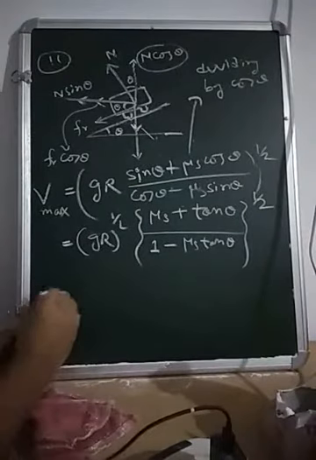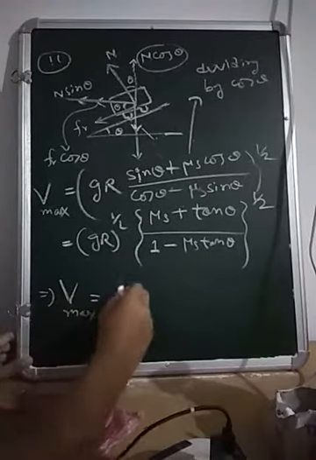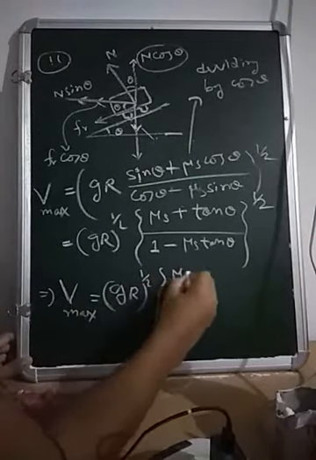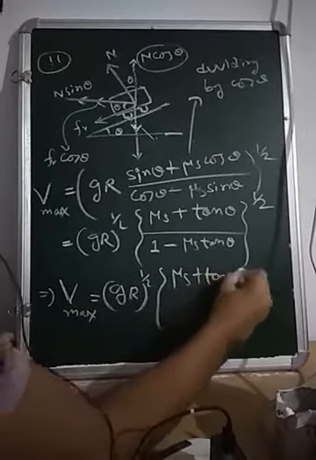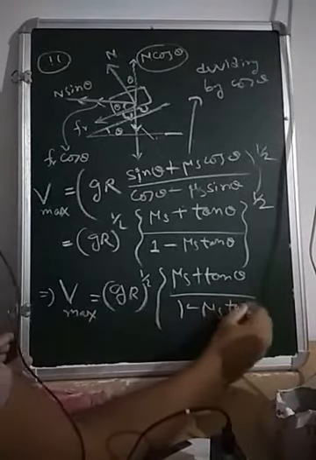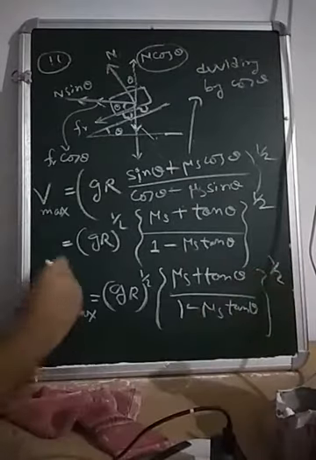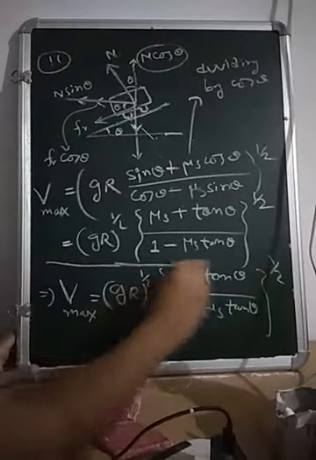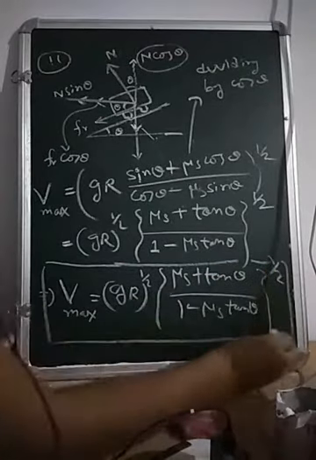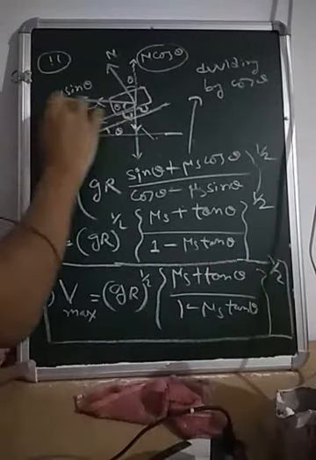So in case of a banked road, what is the maximum velocity that the car can take the circular turn? It is (gr)^(1/2) times ((mu_s plus tan theta) by (1 minus mu_s tan theta))^(1/2). Okay, so this is the final expression we get for maximum velocity on a banked road.